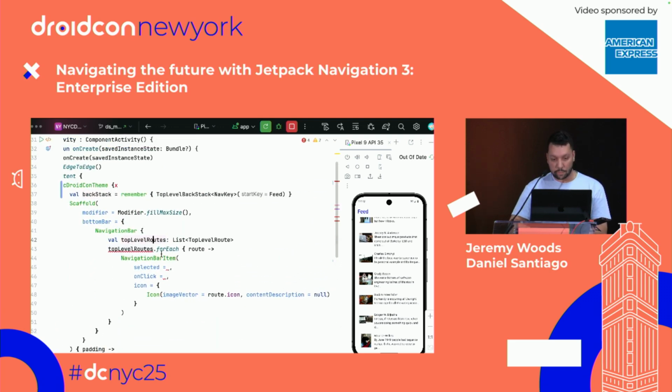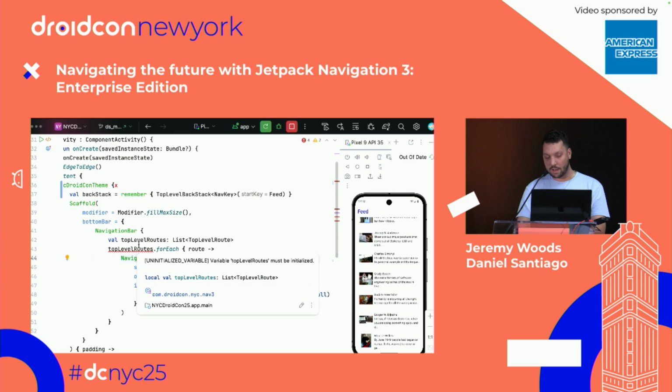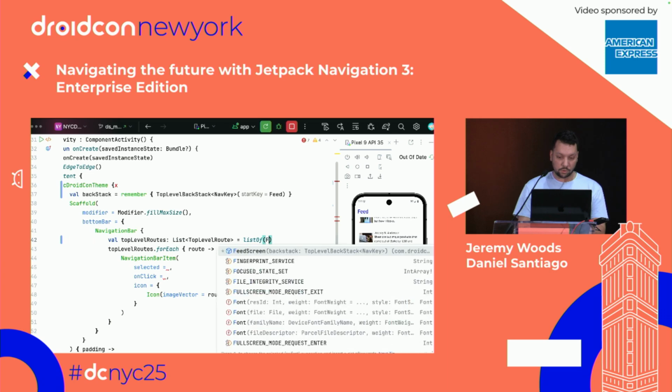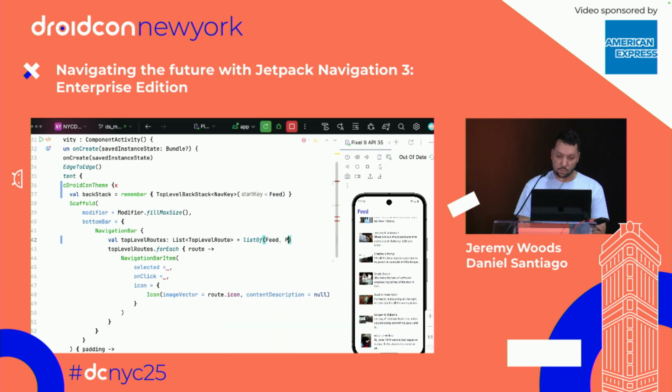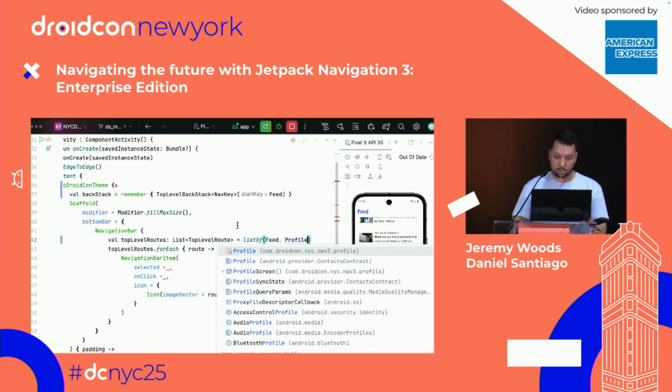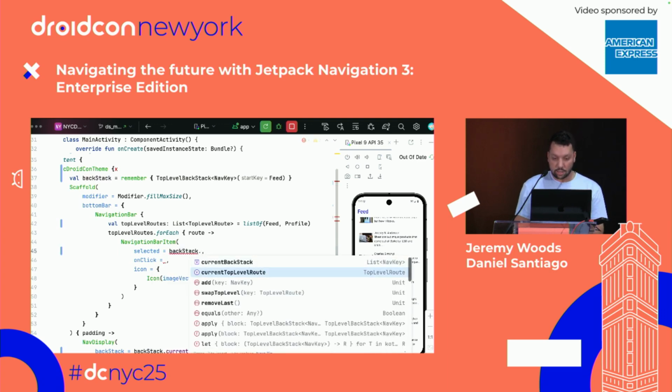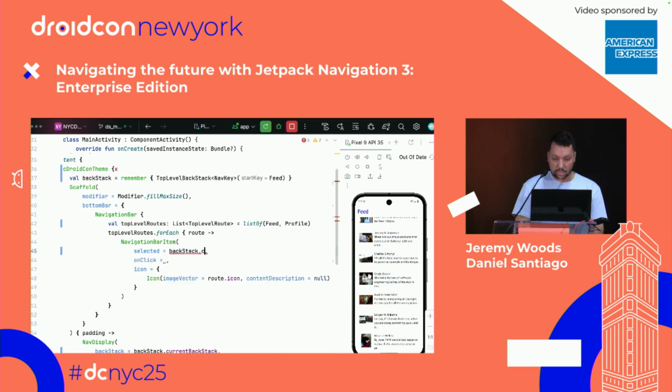And then for UI purposes, we do have to create that bottom nav bar. Here we have a list of our different top level screens. There were two that we had already. We had feed, and then the new one that I'm adding is gonna be called profile. I just added there. And then our abstraction helped us with some of the other stuff, specifically what's the currently selected top level destination. Well, we kept track of that in that abstraction layer.